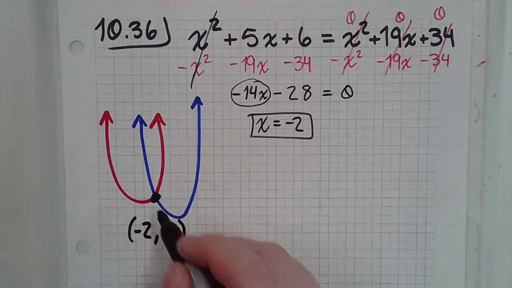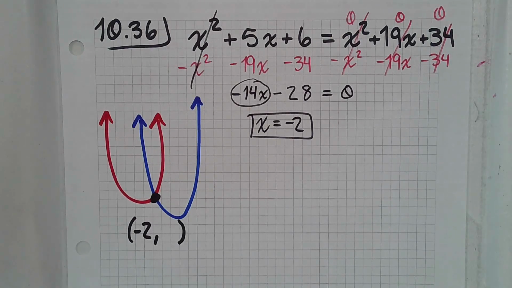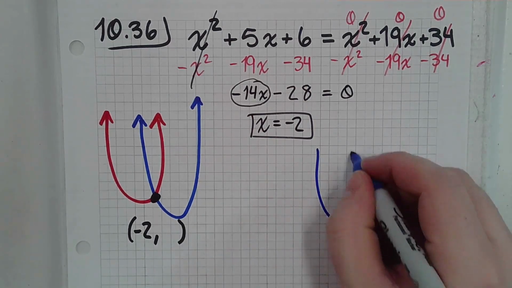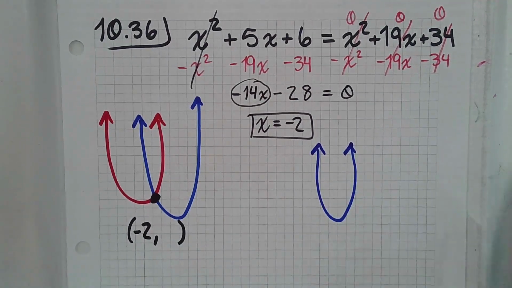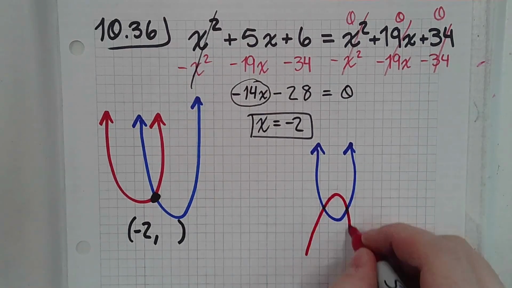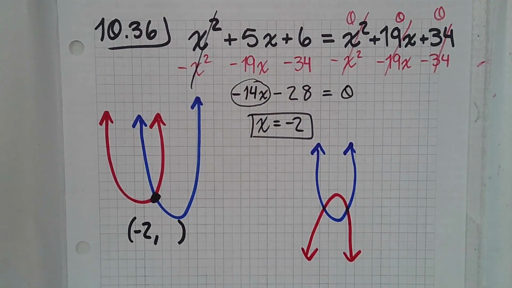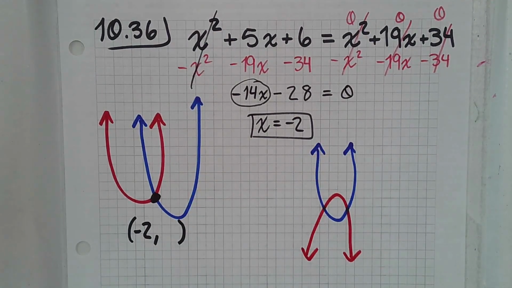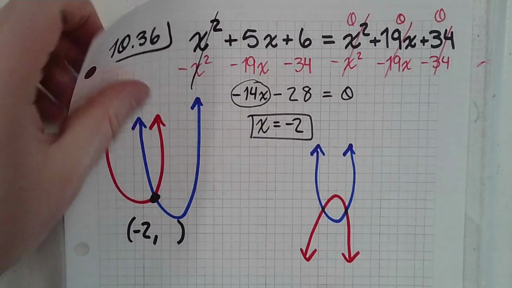And that's where they're going to intersect, one single spot. Of course, if they intersected at two spots, we'd have to have some kind of situation like this maybe. And that's just not the situation we have, because if you notice, we only get one answer. So it must be one of these. Again, we'll talk more about graphing later. It's just kind of fun to talk about as we go along.